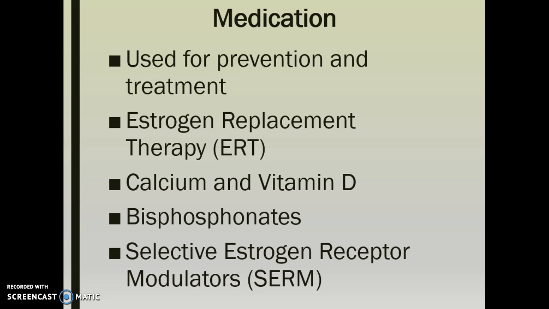They can use estrogen replacement therapy, which there's controversy on, whenever you use hormone replacement. But estrogen helps the metabolism and the absorption of calcium. We can also give calcium and vitamin D. So if they have a higher level nutritionally, then they'll absorb more.